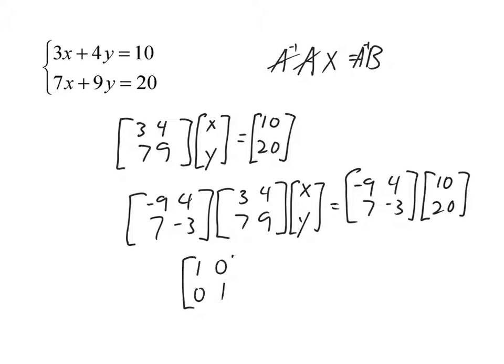Anytime you multiply a matrix by its inverse, you're going to get the identity matrix, and then you get x, y. And this equals, now we've got to multiply these matrices together, so I've got this times this. So it's going to be negative 9 times 10, which is negative 90, and then 4 times 20, which is 80.